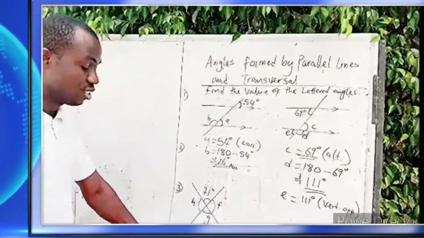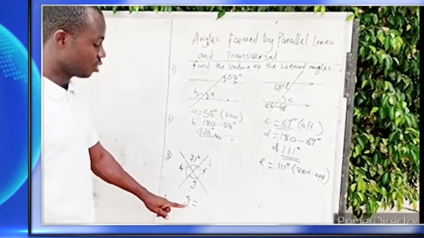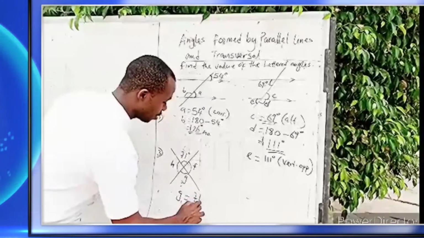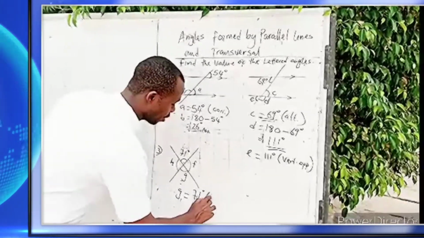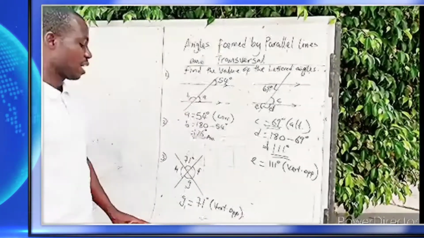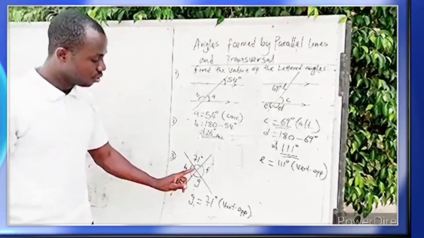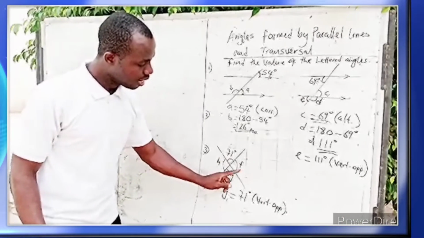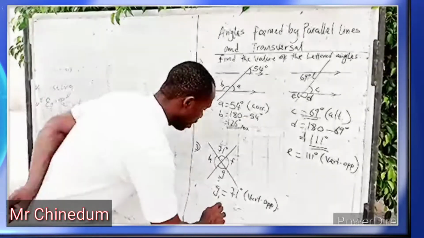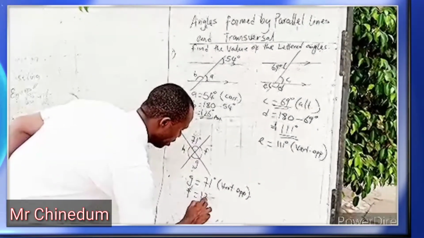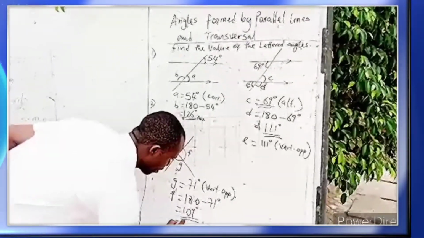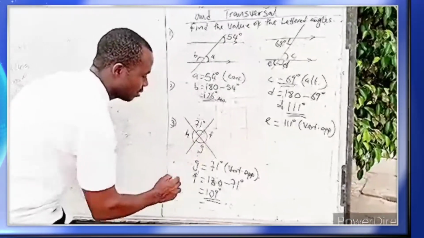Then to get G, G is also vertically opposite to 71 degrees. So G is equal to 71 degrees. Why? Because they are vertically opposite. And also, G and F are angles in a straight line. So F is equal to 180 minus 71 degrees, which is 109 degrees, because they are in a straight line.